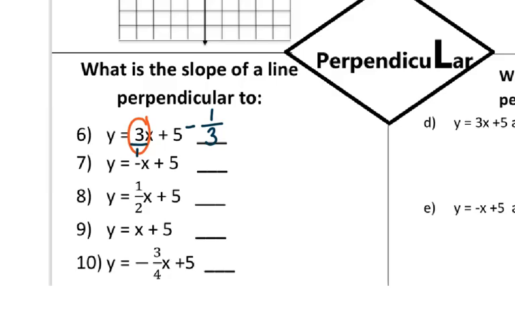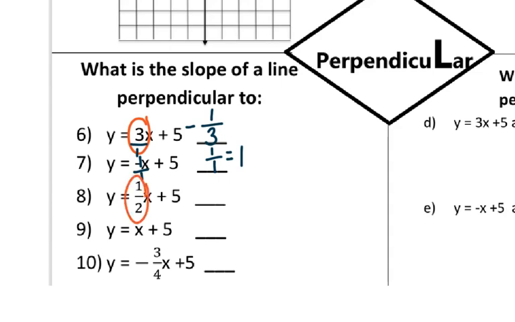Next one, negative 1 is the same as negative 1 over 1. So if we were to flip it, the numbers are 1 over 1. It's still the same. But we have to change it. It was negative, so now it's positive. 1 over 1 simplifies to just the number 1. Flip and change.